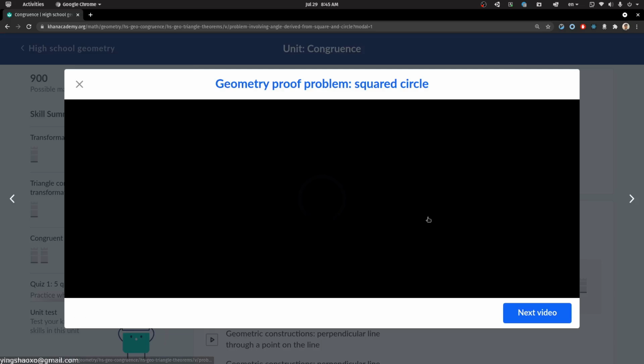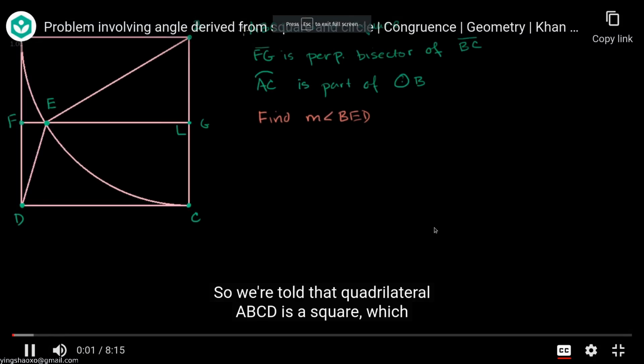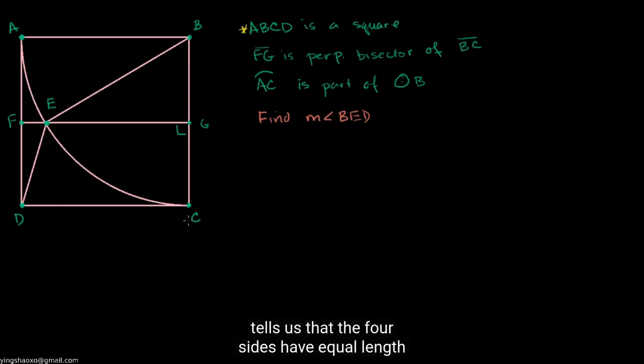All right, let's get into another one. So we're told that quadrilateral ABCD is a square, which tells us that the four sides have equal length and that all the interior angles are 90 degrees. We also know that FG is a perpendicular bisector of BC. So we've already shown that it's perpendicular, that this is a 90-degree angle, but it also bisects BC.